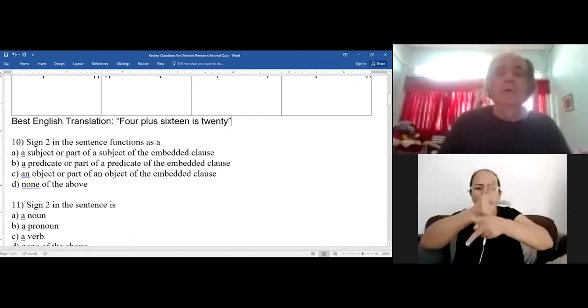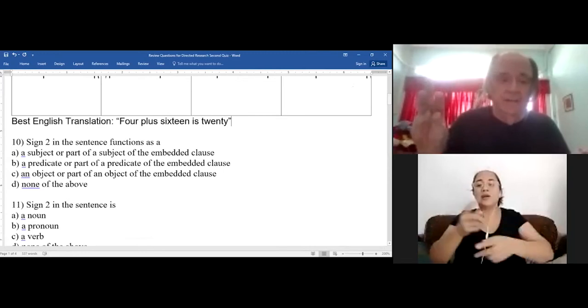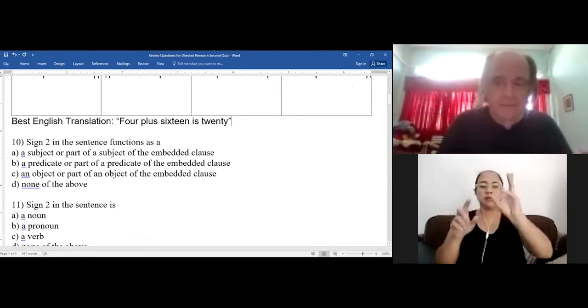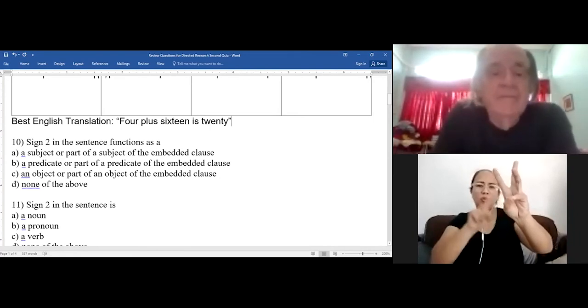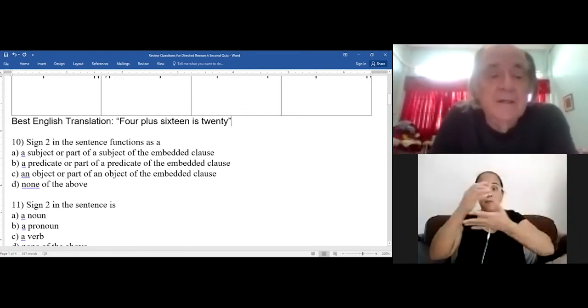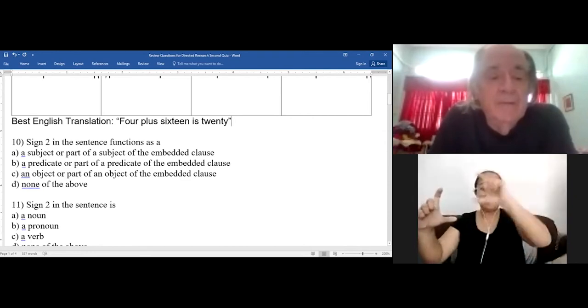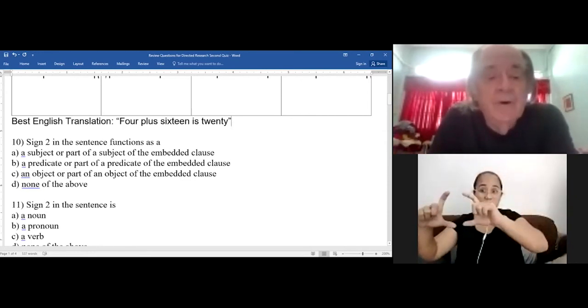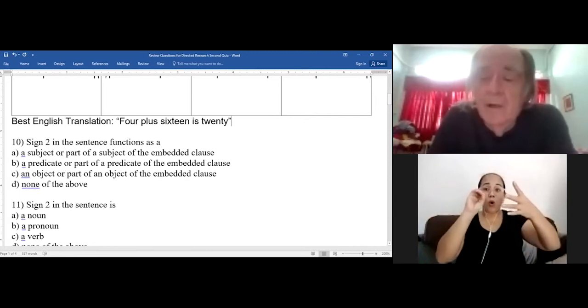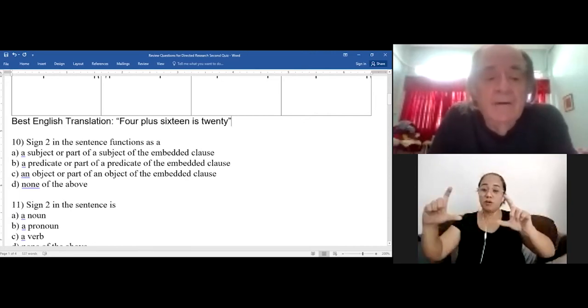Okay, sign number 2, which is sign for 16, is a subject or part of the subject of the embedded clause, a predicate or part of the predicate of an embedded clause, an object or part of an object of the embedded clause, or none of the above.